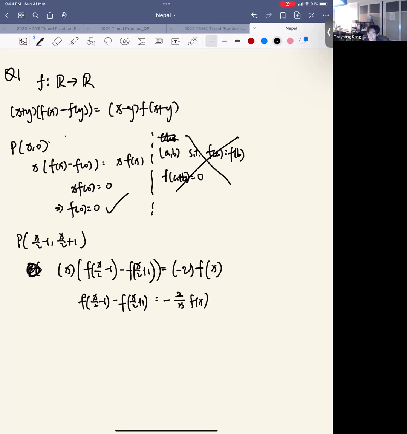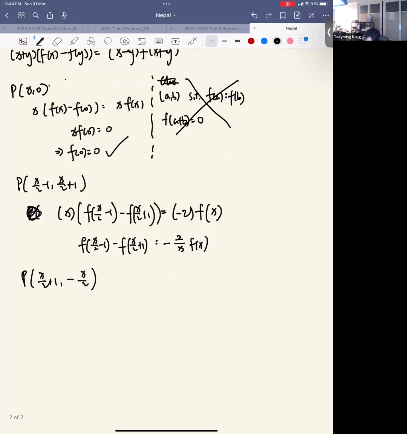Then next we substitute P(x over 2 plus 1, x over 2). Then this gives us f(x over 2 plus 1) minus f(minus x over 2) equals (x plus 1) f(1). The last substitution that we make is P(minus x over 2, x over 2 minus 1).